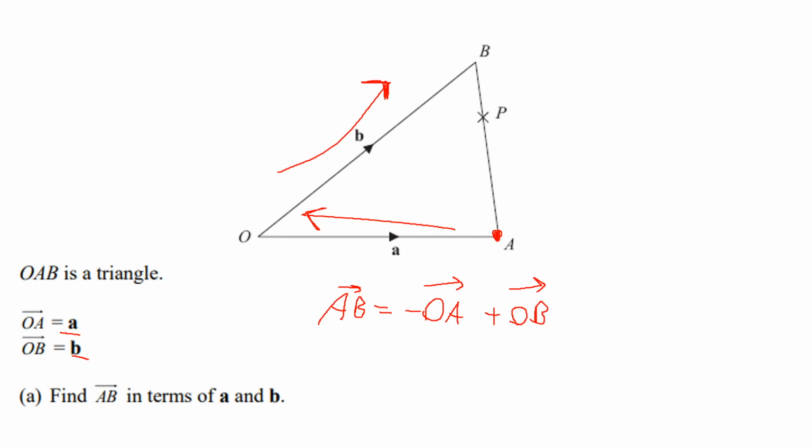It's going to be minus a because it's going in the opposite direction to where a is going. So even though the scalars are the same, the vector is negative. And then it's going to be plus b because we're going across b. And so our answer is minus a plus b.